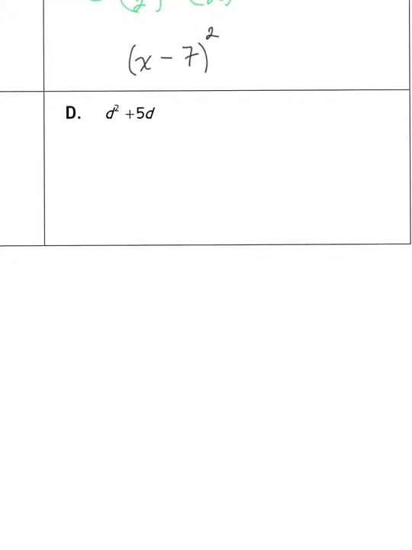Now D is interesting because when I go to find c, when I take 5 and divide it by 2, you're going to get a fraction, so that's okay.